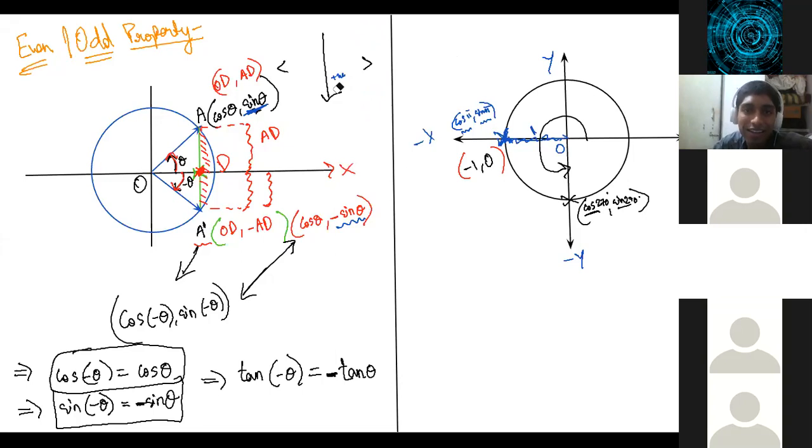I didn't understand actually. Wait. Let me draw. You tell me, I'll draw whatever you're saying. We are at the origin. Sir, as you have drawn, the person is traveling from O to D. Okay, next. And the person is traveling from D, he is going in the negative direction to A dash.